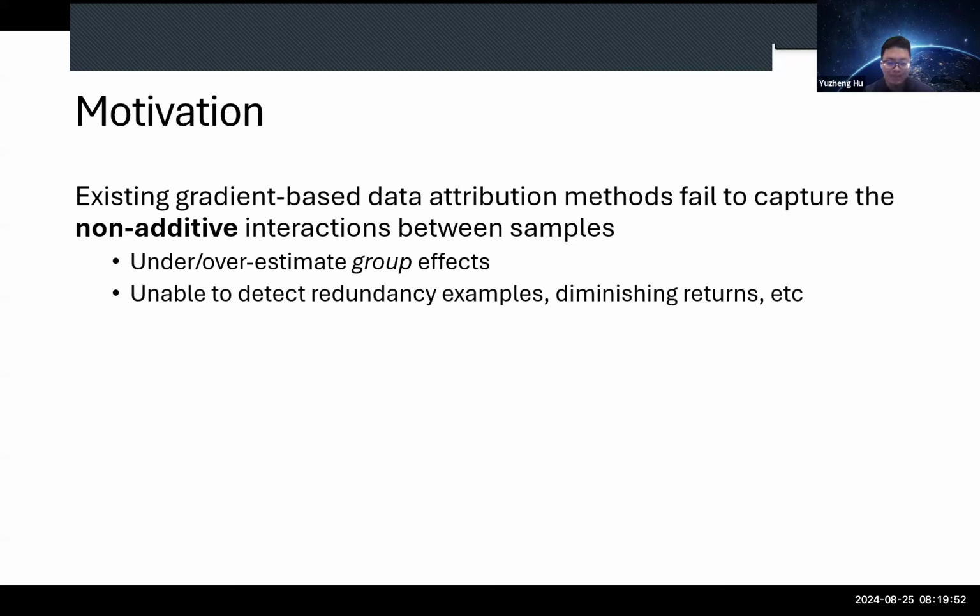But this seems not to be modeled in the existing analysis of existing data attribution methods.